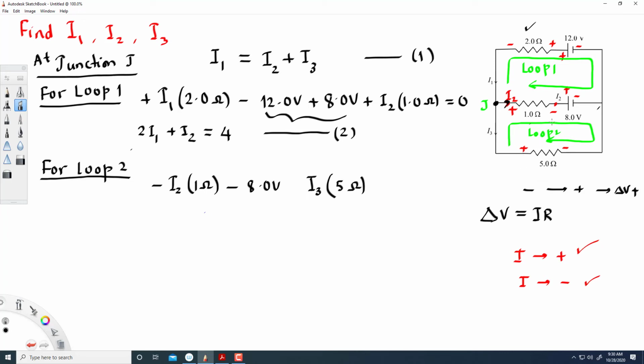We are going towards the left, from negative to positive, which is positive. Simplify that: negative I2 plus 5I3 is equal to 8. That's equation 3.